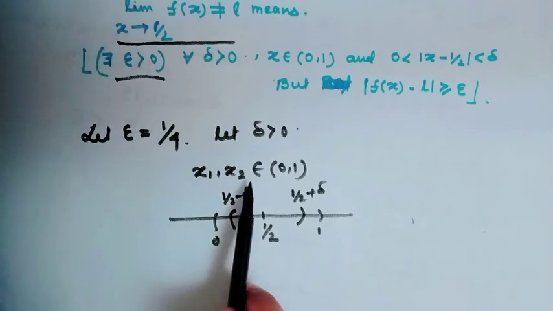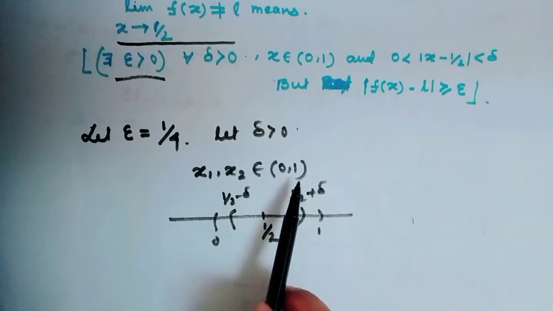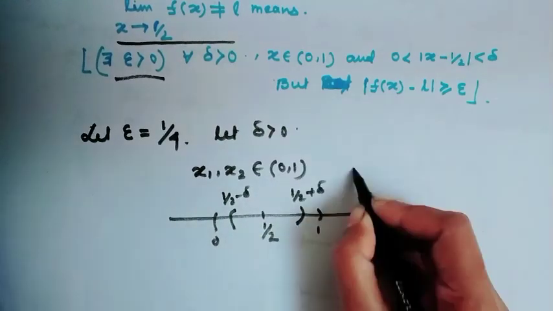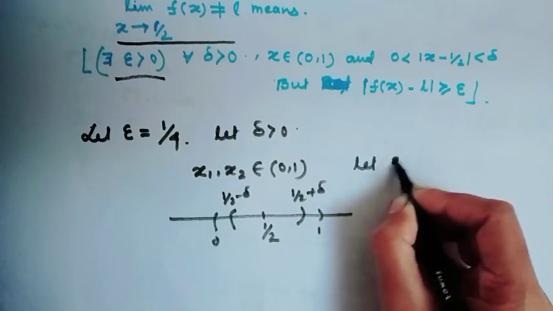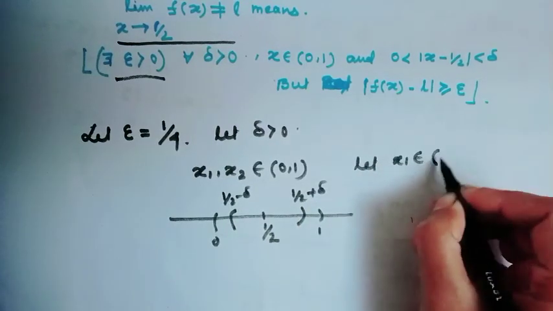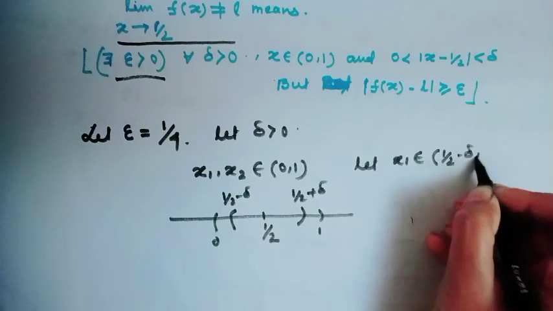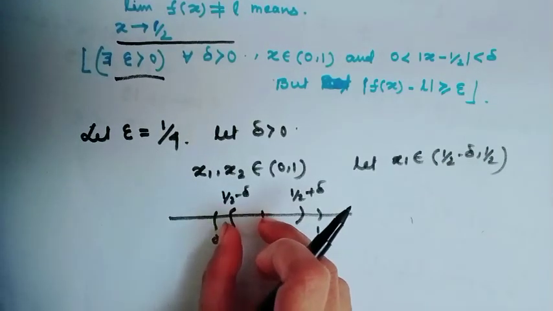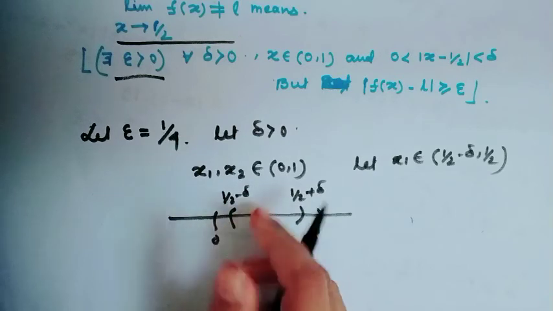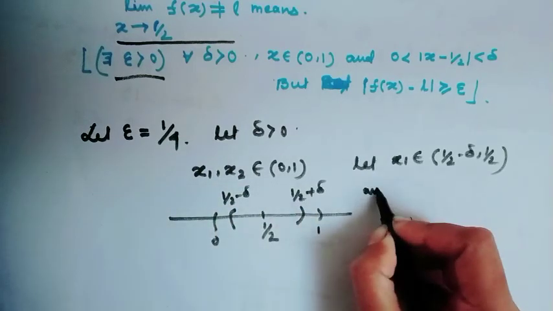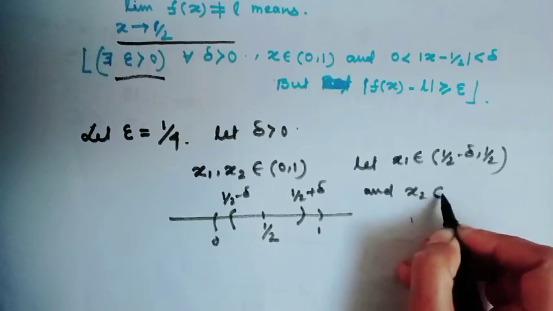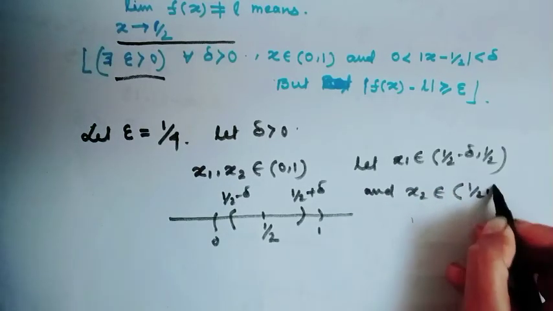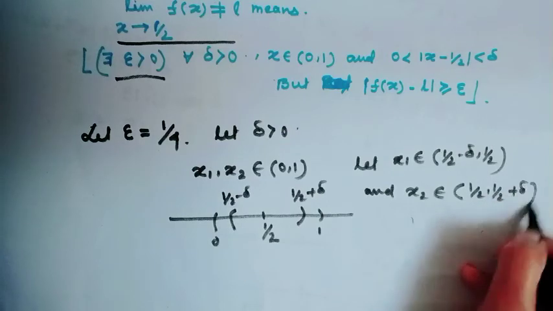Let's choose x1, x2 in (0, 1) such that x1 belongs to (1/2 minus delta, 1/2), that means x1 would be here, and x2 belongs to (1/2, 1/2 plus delta).